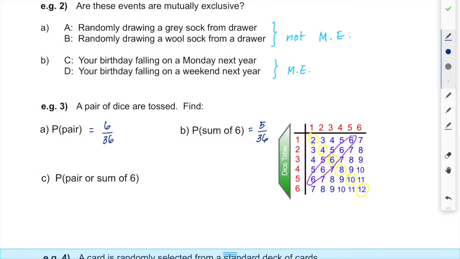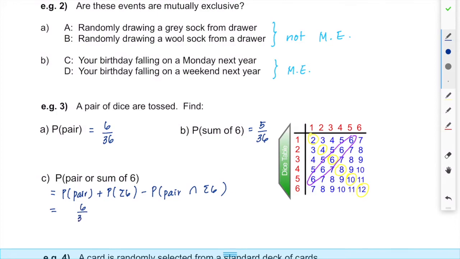Now, the bigger question here is, what is the probability of rolling a pair or a sum of 6? Does it sound familiar? It should, because I can consider this as the probability of rolling a pair plus the probability of getting a sum of 6. But then the double counting tells me that I need to subtract the probability of getting a pair and a sum of 6.